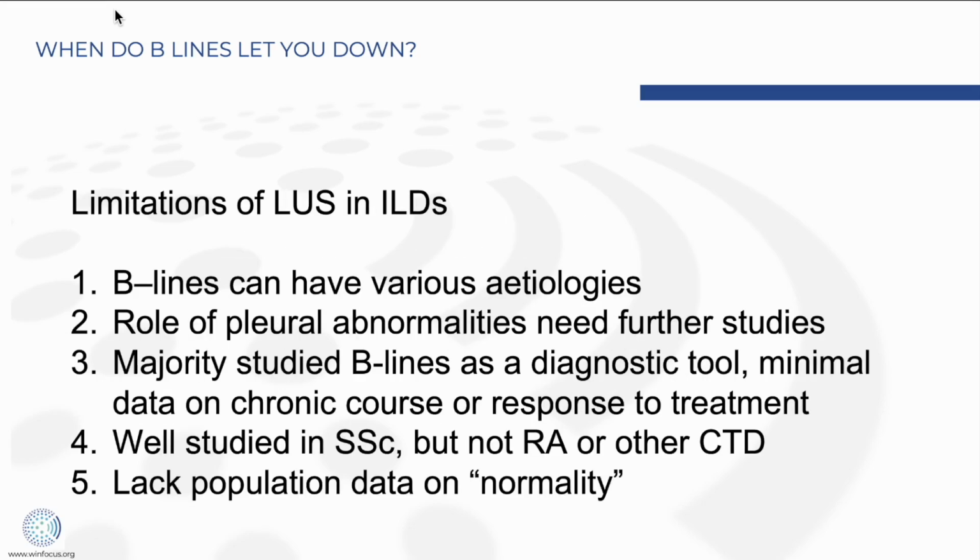And equally, it is very important for us to understand the limitations of lung ultrasound in ILDs, where B-lines can have various etiologies and the role of pro-abnormality needs further studies, and really study B-line as a diagnostic tool, with minimal data on chronic causes or response to treatment, and a lack of population data on normality.